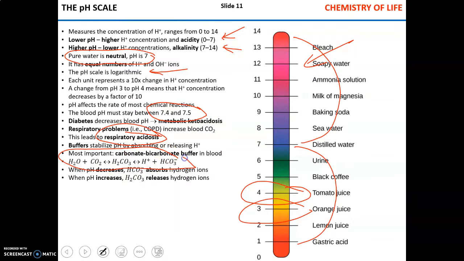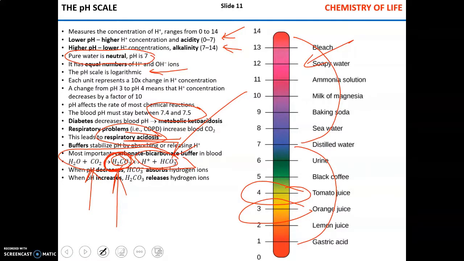When water combines with carbon dioxide, it forms carbonic acid, which then dissociates into hydrogen ions and bicarbonate. So when blood pH decreases, some sort of acidosis, bicarbonate can absorb hydrogen ions. And if blood pH increases, then carbonic acid can release hydrogen ions.